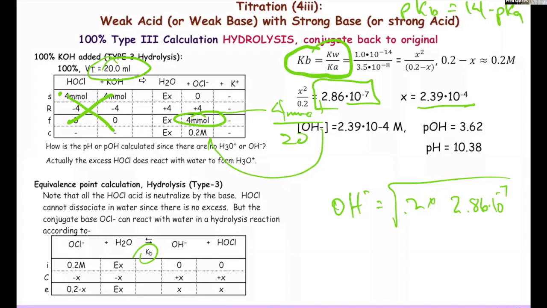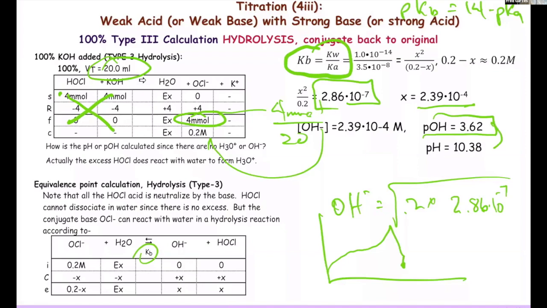When you do this, you get a pOH of 3.62. So imagine if you were graphing this. What you would see is something that looks like that, and then all of a sudden your points drop to 3.62. You know that's wrong, because the curve will not dramatically just drop. That's a pOH.